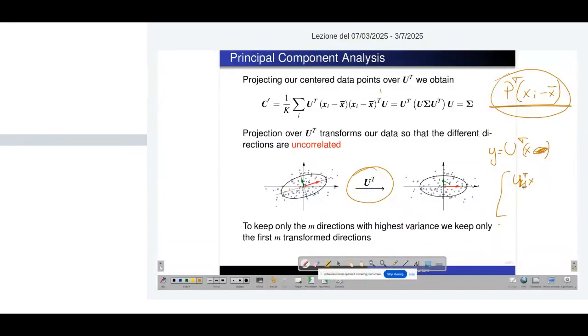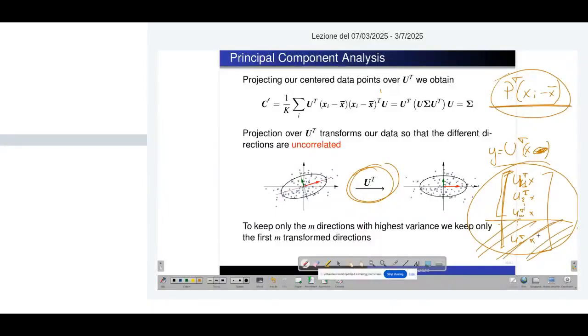U transpose X will contain the first coordinate, the second, up to the Mth, and then all the other components. If I apply this operation, I get a vector that corresponds to this. If I truncate my vector here and remove these components, I just throw them away, I have exactly the PCA solution.